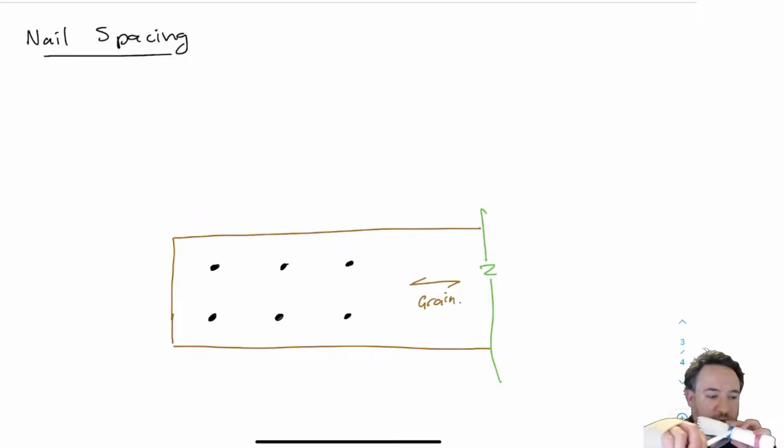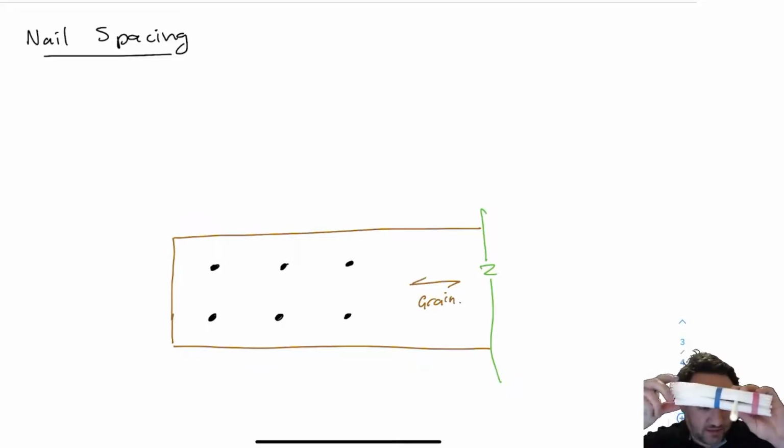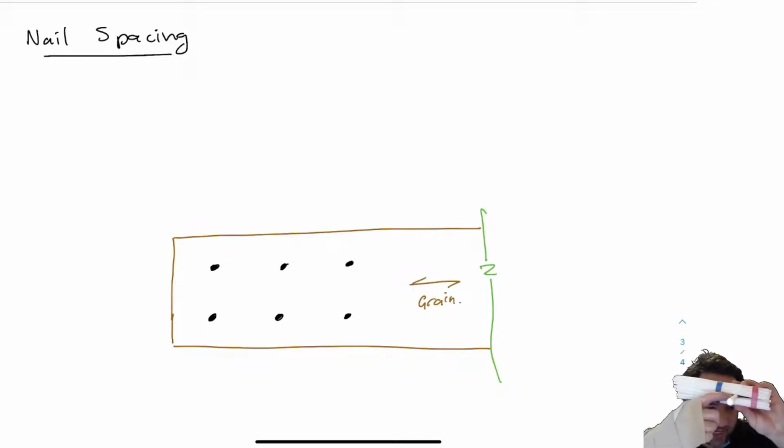Now, if I put my nail in one place, then my fibers have to bend up and out of the way. And if I go a certain distance away, then the fibers are going to basically come back to being together. So if I have one nail here and I have one, say, way over here, and the fibers are able to go back together in between, then it's not a problem.